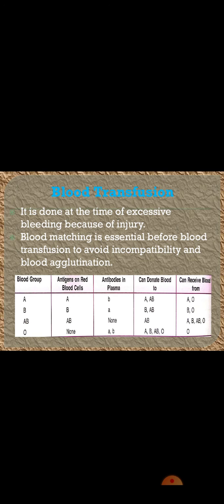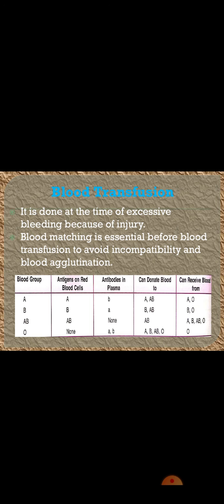Blood transfusion means the transfer of blood from one person to another person. At the time of excessive bleeding because of injury, blood matching is essential before the blood transfusion to avoid incompatibility and blood agglutination. Transfusion can fail, especially if a large quantity of blood of a different blood type is introduced.